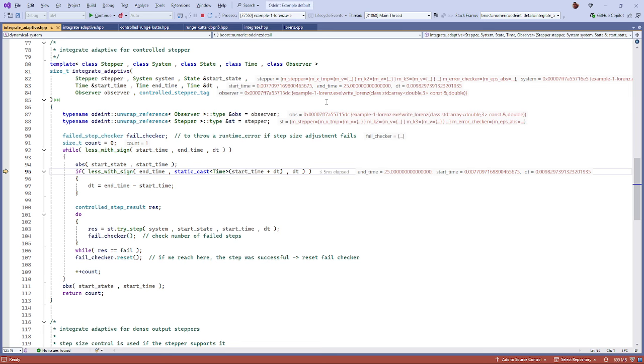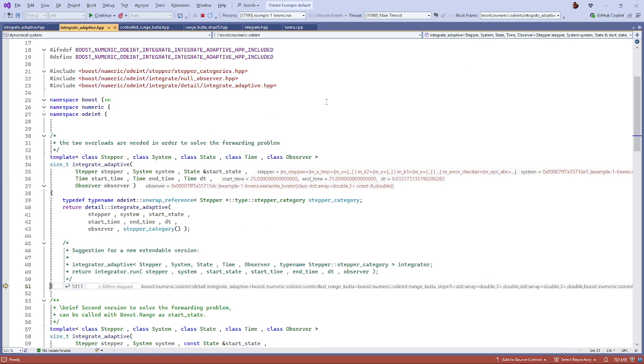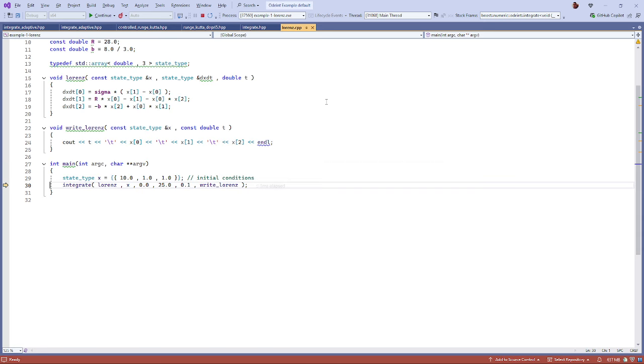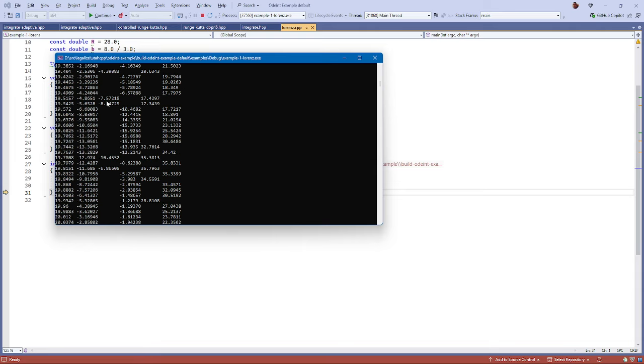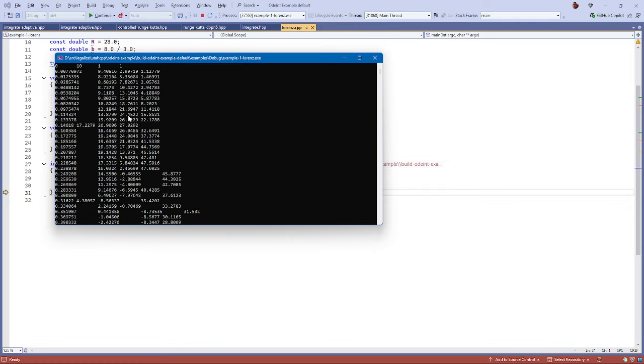And if we step out of this whole thing and step out, so now that whole integrate process has completed. It integrated from time equals 0. Let's go back up here to the top of this window. From time equals 0, and you'll notice that these increments in time are not uniform.